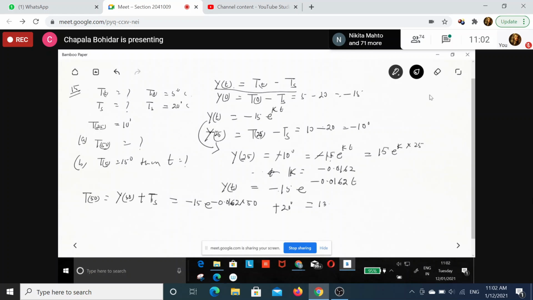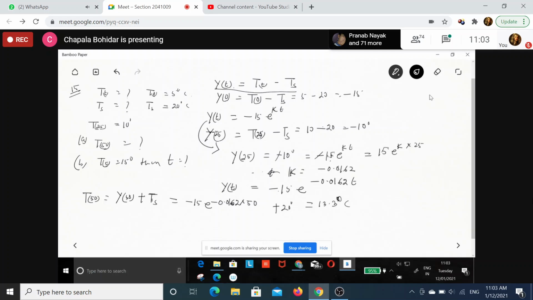That means I can write 13.3. The value of T50 is equal to this. So it is in degrees Celsius.